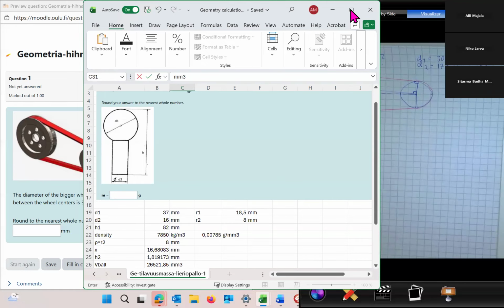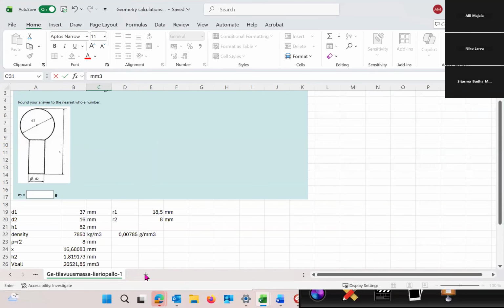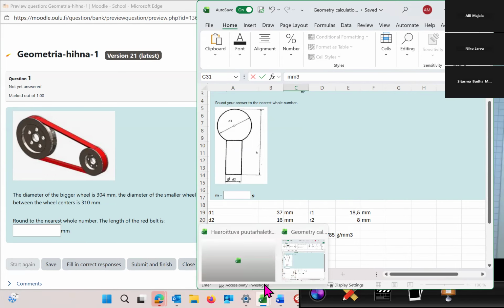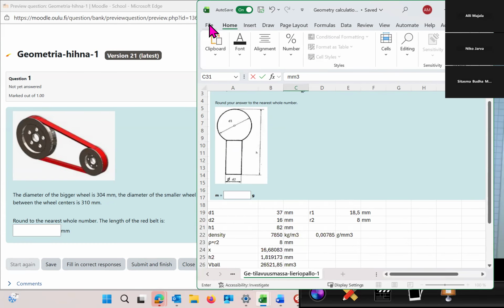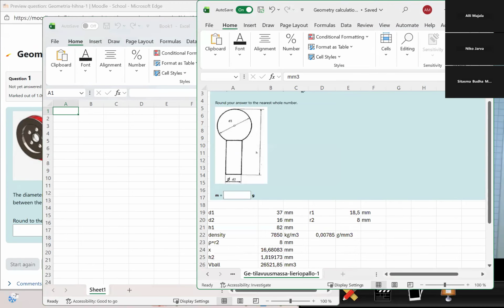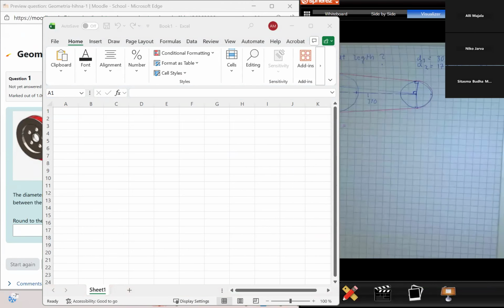Something is wrong with my Excel. I have to take another. Okay, let's take another then.